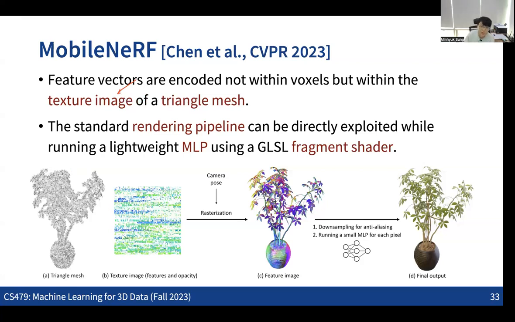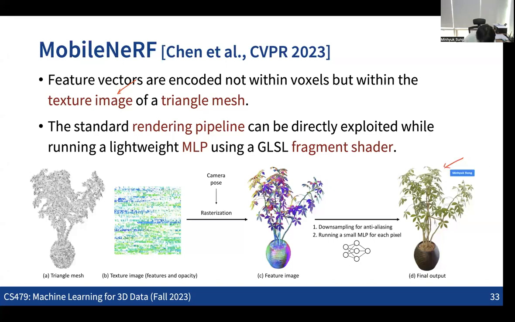If you took the computer graphics course, as we render 3D objects with texture information, we can do the same thing. We can use exactly the same rendering pipeline of computer graphics to render the mesh into 2D images. But now the output becomes not 2D color images, but 2D images of feature vectors, which are then further decoded to get the final colors.